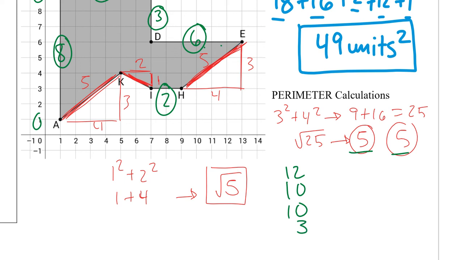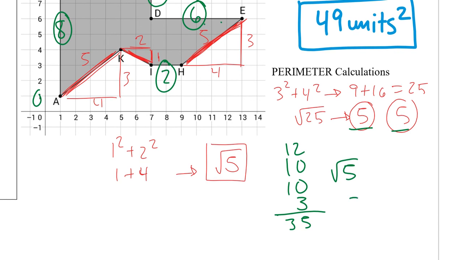And the other thing I have is this square root of 5. So 2 plus 3 is 5, and the 10 and 10 and 12 give 35. So I've got a perimeter of 35 plus the square root of 5.